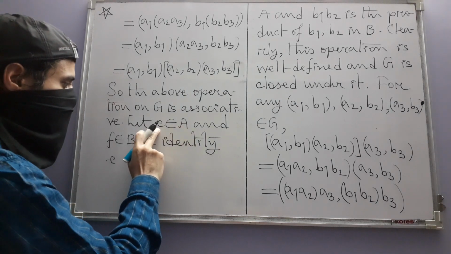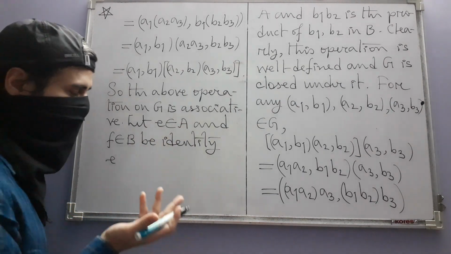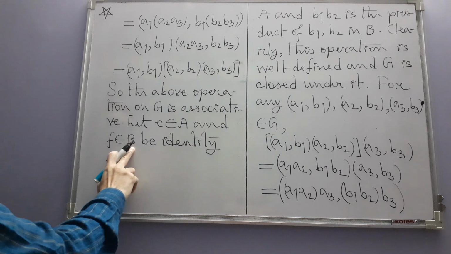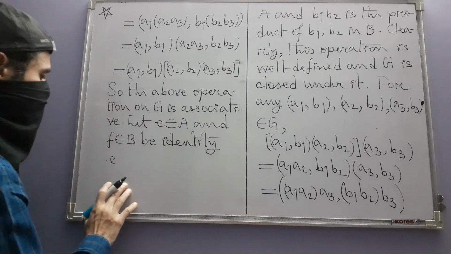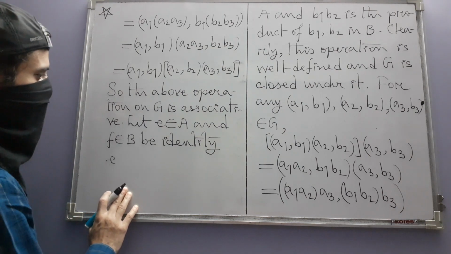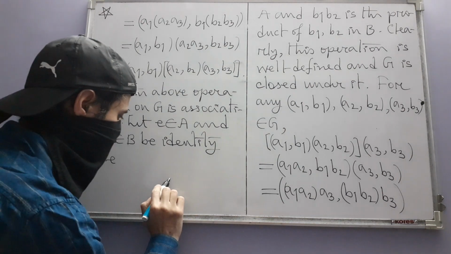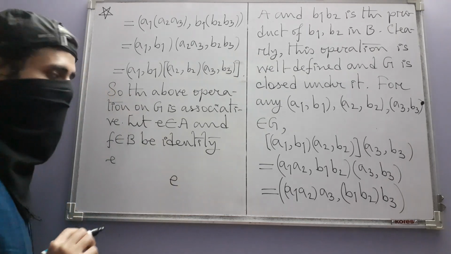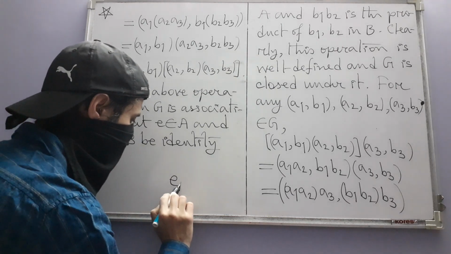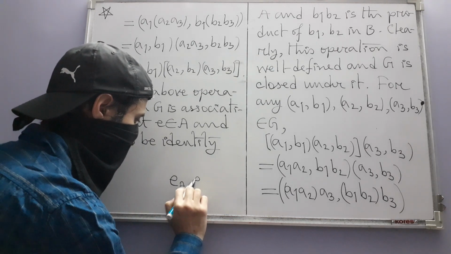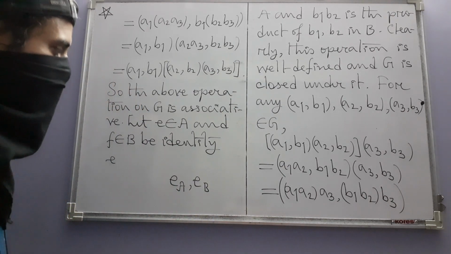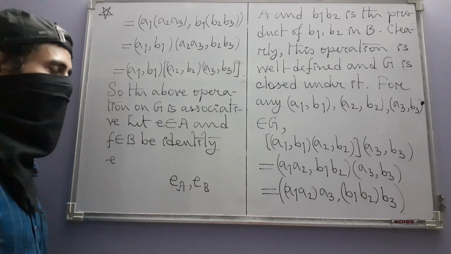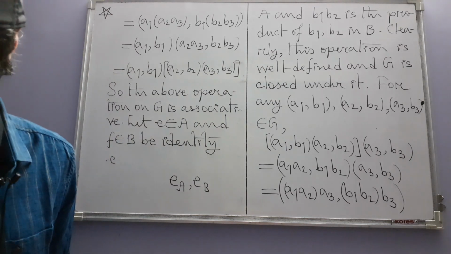For A, we are denoting it by E, like what we usually do, but for B, in order to distinguish it from E, we just write F. Some people would like to write something like this, retaining that E symbol and writing EA would denote the identity in A and EB would denote the identity in B. But we stick to E and F because in the text the author has done so.